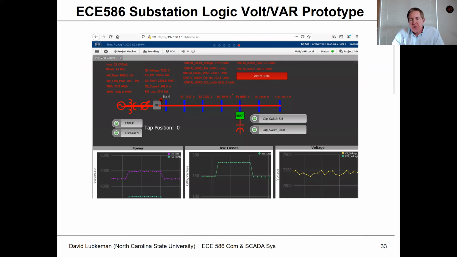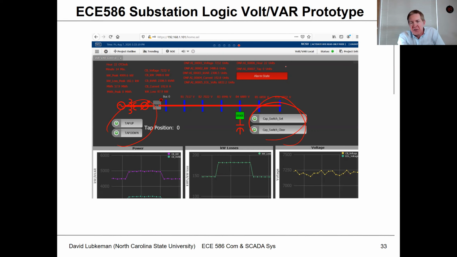This just kind of shows an example of what a SCADA screen could look like for something like this. And this is something we used in the 586 class last fall. We actually had the class members put together their own controller based on this. And this is showing the fact you can manually control the tap position or you can manually control the capacitor position, but what they were doing for this particular project is implementing an algorithm similar to this, where this switching sequence would actually be computed on a central controller.